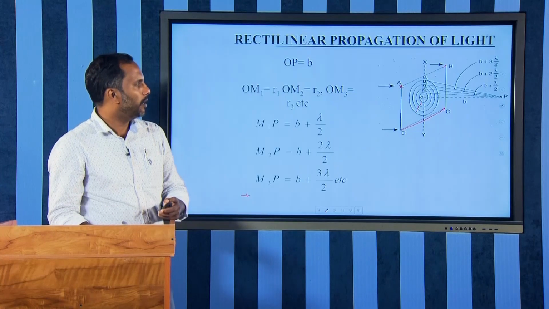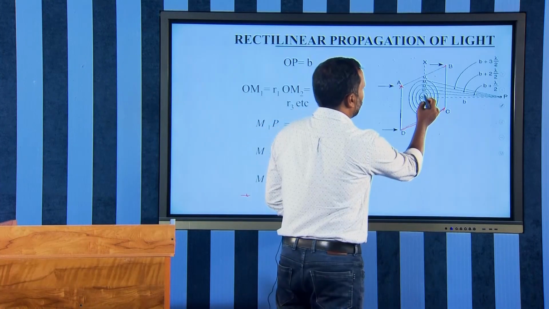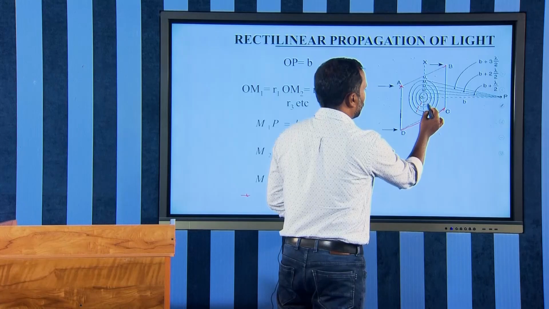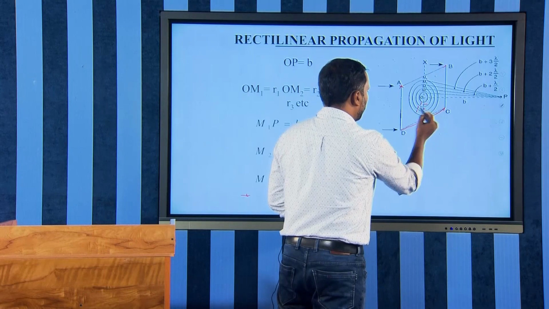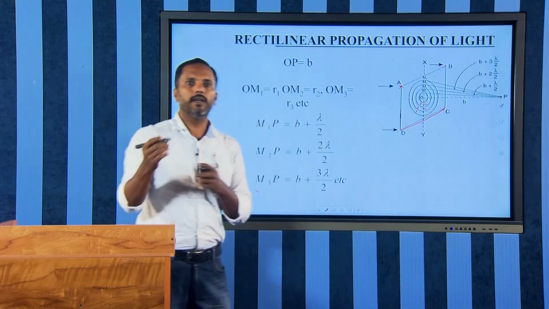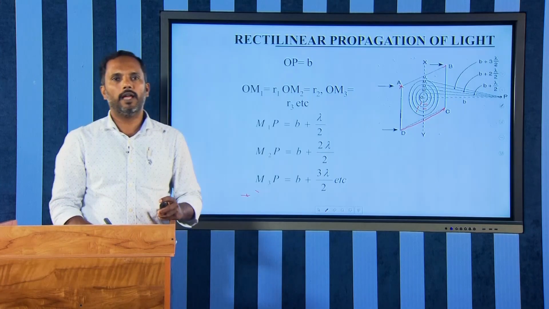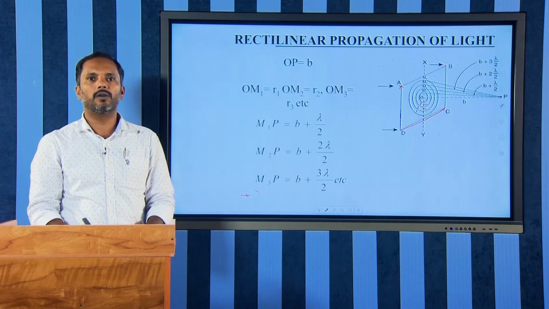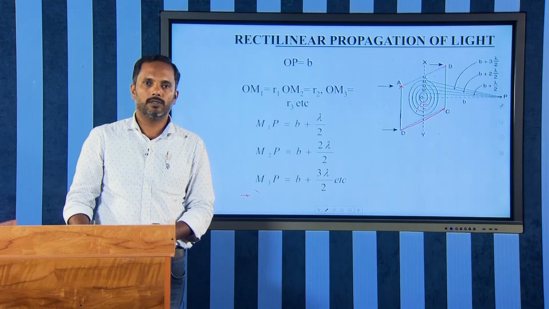What I mean to say is, the light from one zone, and the light from another zone, will have a path difference of lambda by 2. Therefore, this is called half period zones.